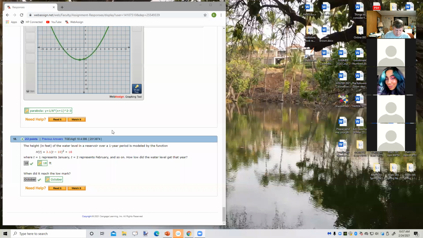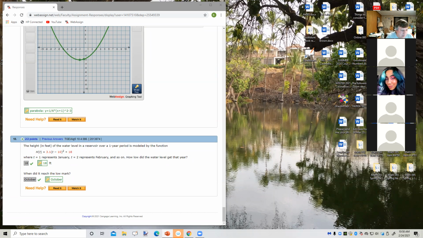Okay, so we're taking a look at number 18 here. It says the height in feet of the water level in a reservoir over a 1-year period is modeled by the function h of t equals 3.1 times the quantity t minus 10 squared plus 18.